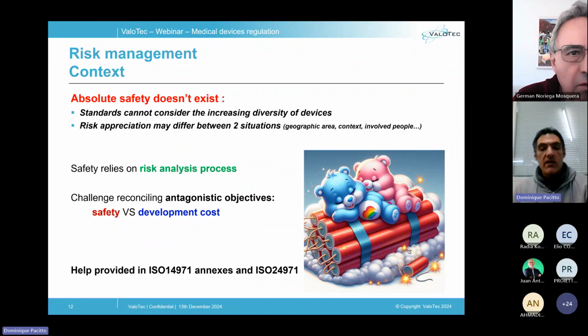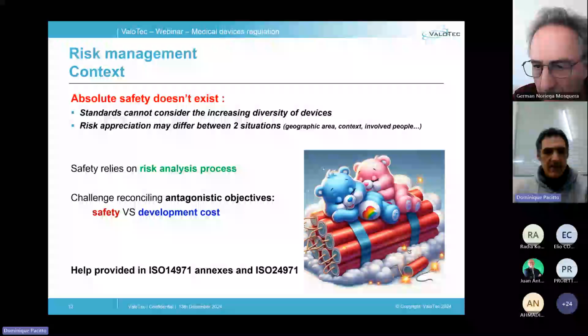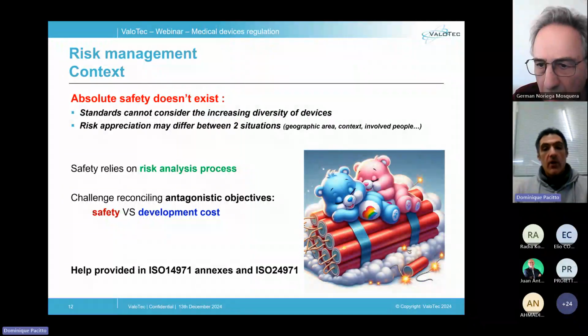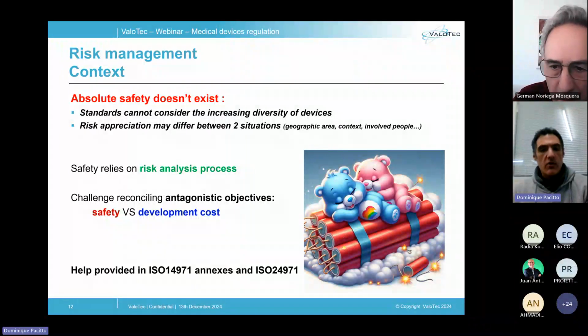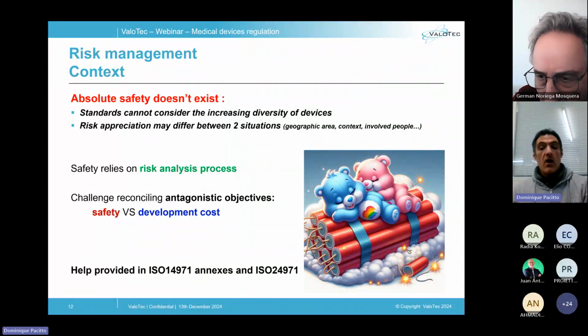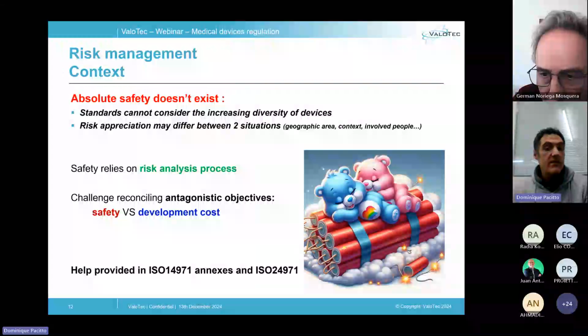And in the medical device regulation, this trade-off is covered by two considerations. The first one is that the risk analysis is a continuous activity that should be handled all along the device life. And the second one is that depending on the risk class of the device, the depth of the inspection of your technical file and therefore of your risk management file is different.